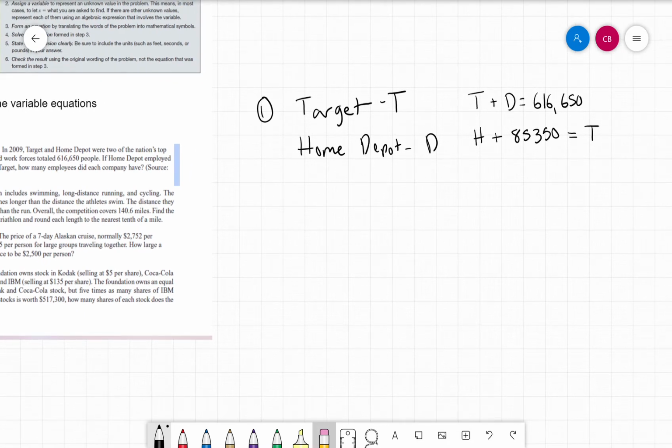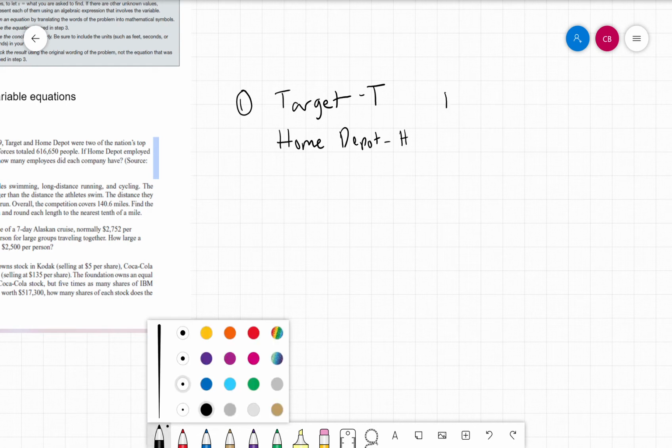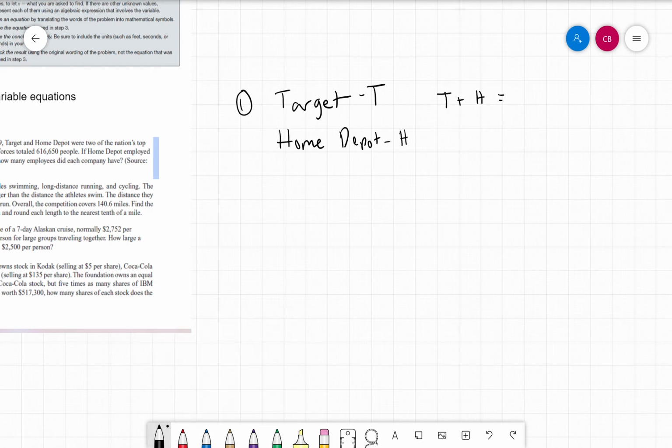I wanted to use H. Let's change this to H. Sorry. And I wrote D in the other equation. Let's restart this then. So we've got Target T, so T plus H is equal to 616,650, and H plus 85,350 is equal to T. There we go, that's better.